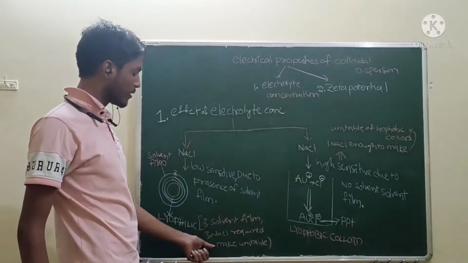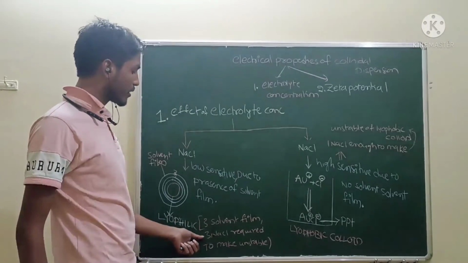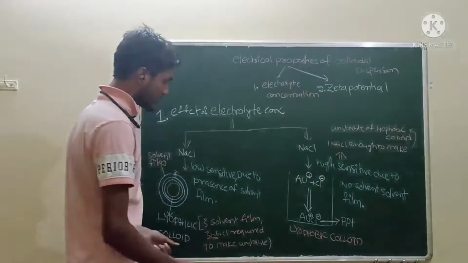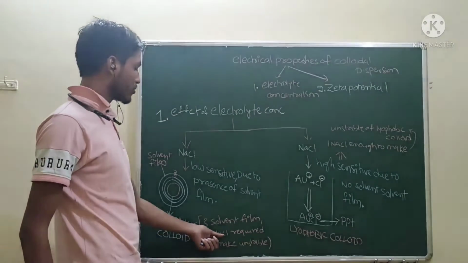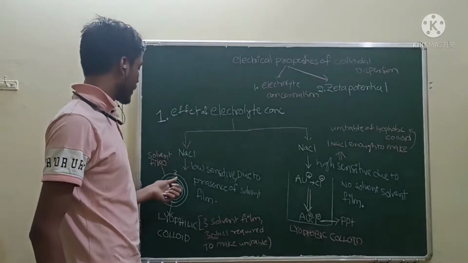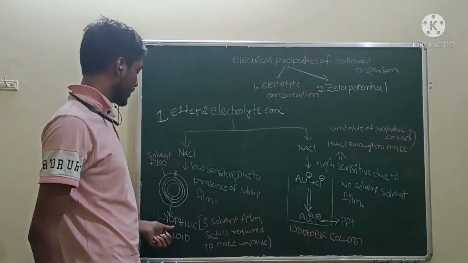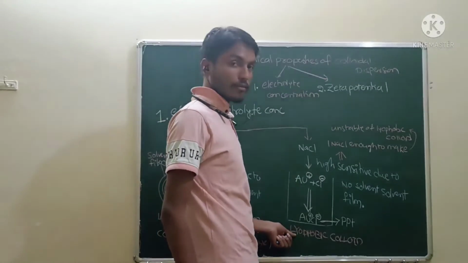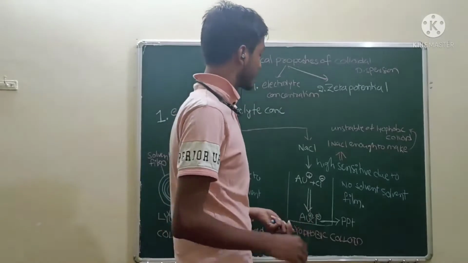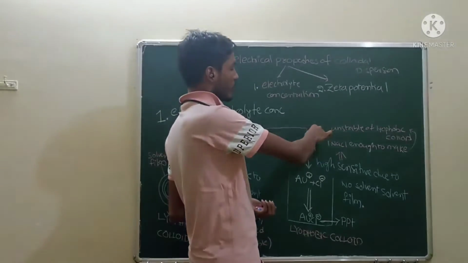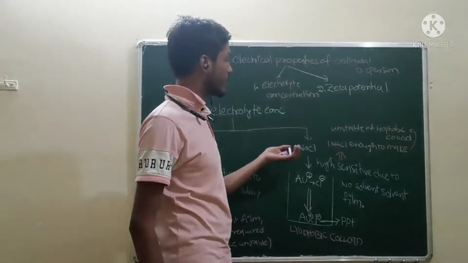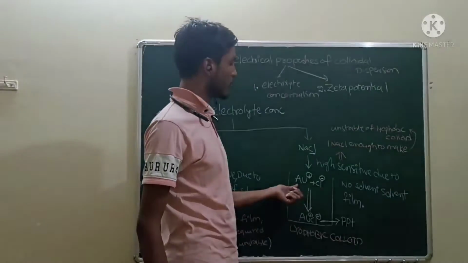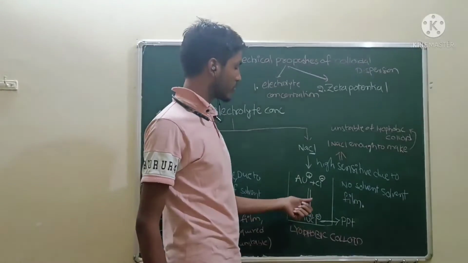To make the lyophilic colloid unstable, a higher concentration of electrolyte is needed: 3 NaCl. But now consider a lyophobic colloidal dispersion. I have added only one NaCl, and this chloride will react with gold. This is a lyophobic colloid.